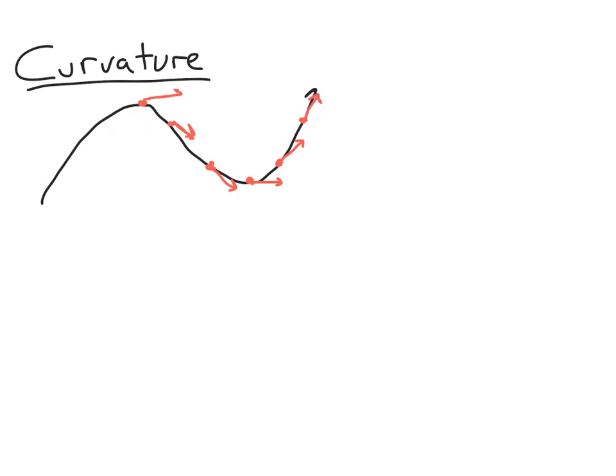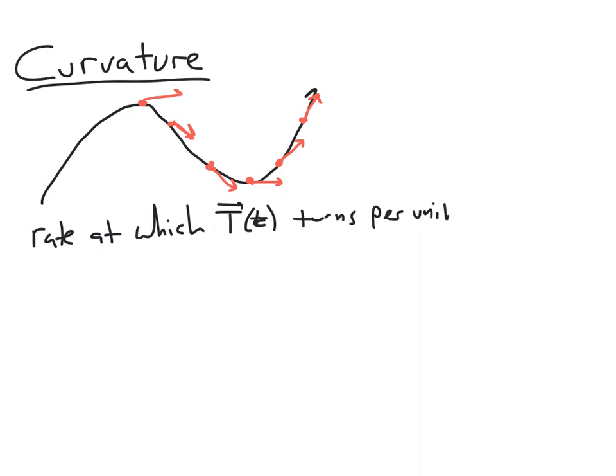And so we have all of these unit tangent vectors, and if we want to measure how the curve is twisting around, or how it's curving around, we could measure the rate at which the unit tangent vector turns per unit of length.